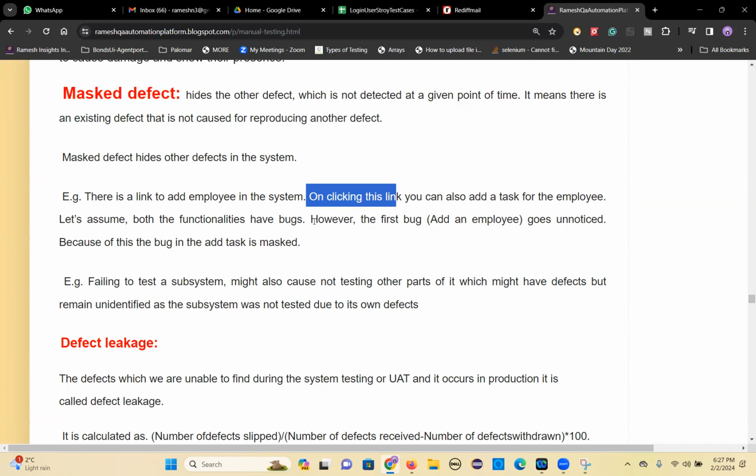Once you add the employee, there is an option to add a task to that employee. Let's assume both add employee and add task have bugs. Now, the add employee bug goes unnoticed. Because of this, you cannot find the bug in add task. Whether add task is working or not, you cannot test it, right?